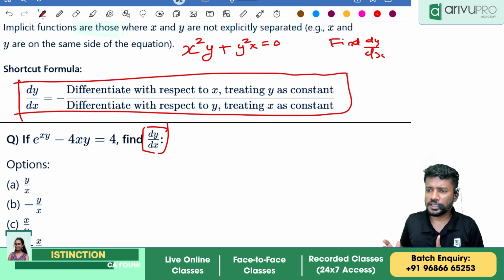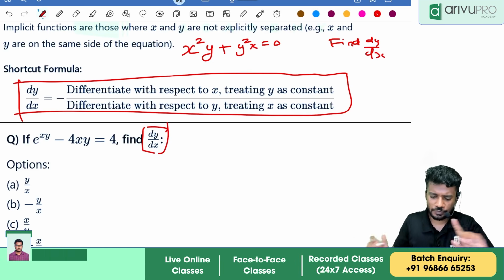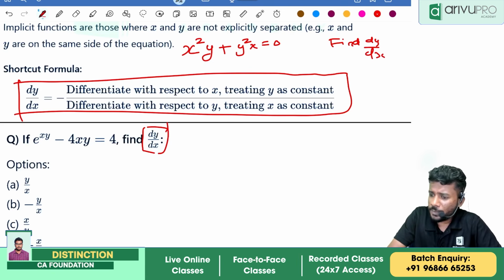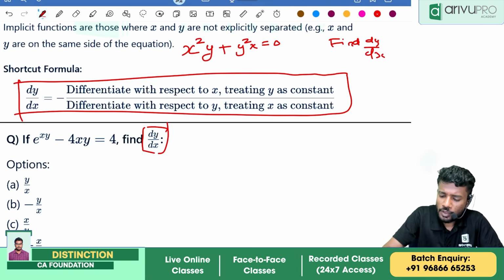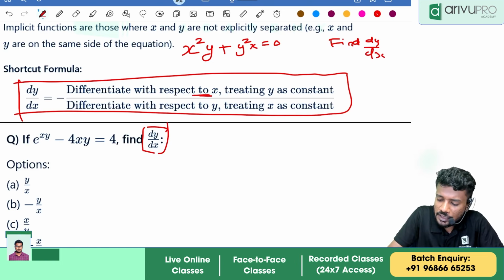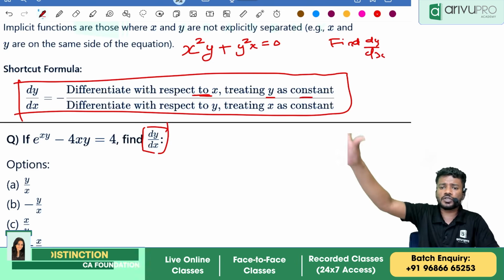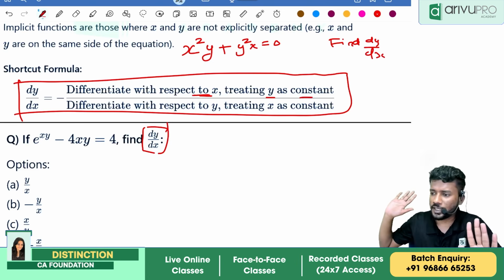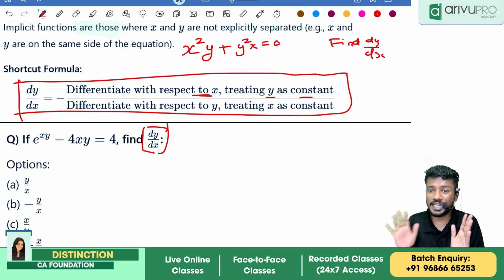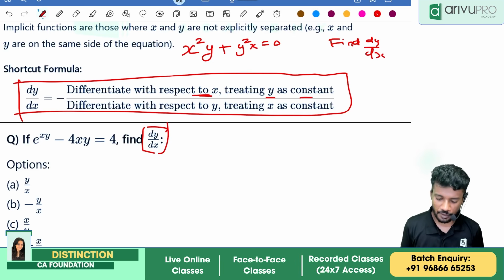That is nothing but dy by dx is equal to minus of, numerator differentiate with respect to x, treating y as constant. You should tell me what that is.